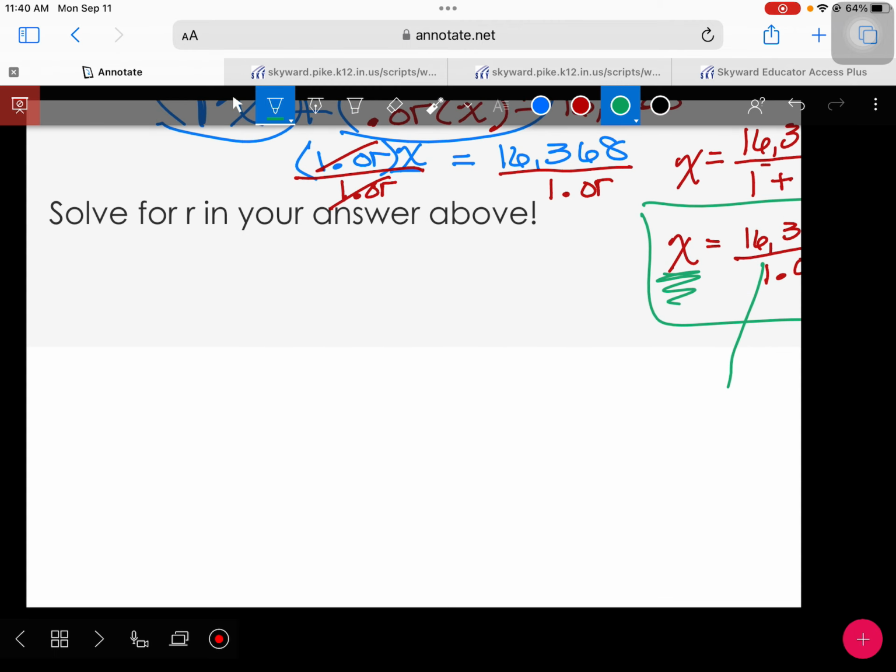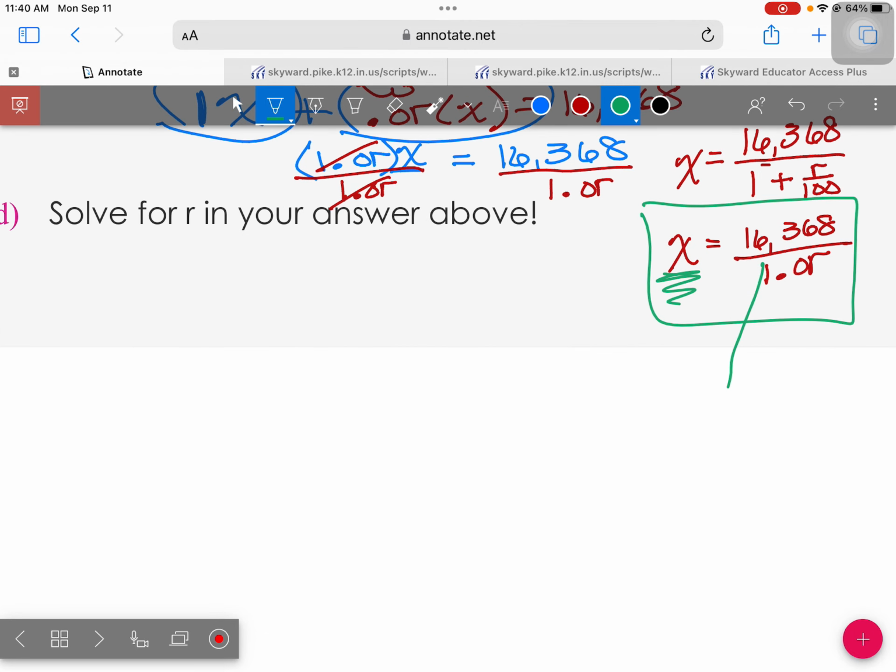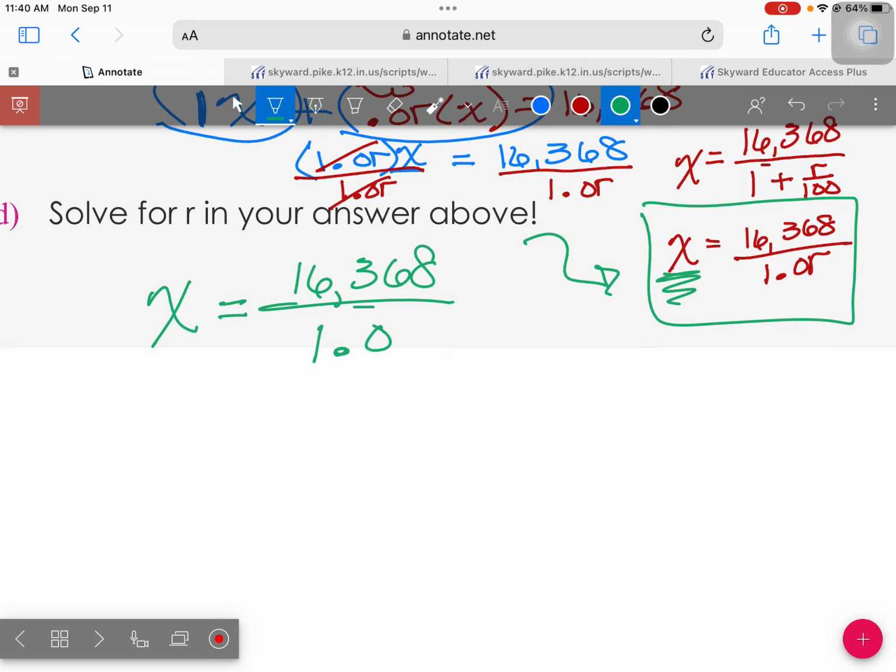Now we need to solve for r from our answer above. So we know that x is equal to $16,368 divided by 1.0r.